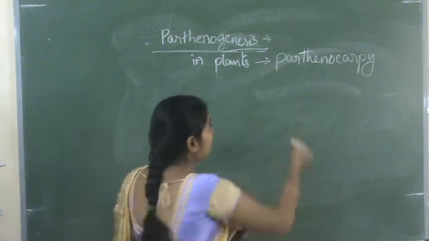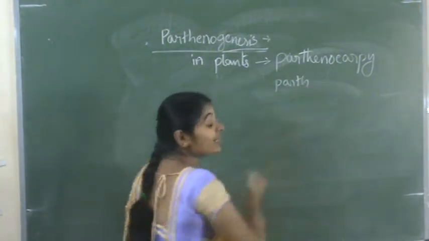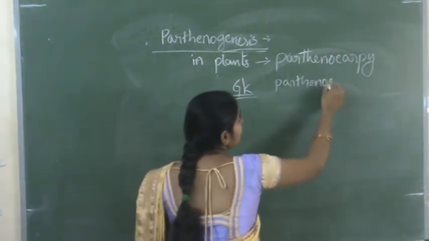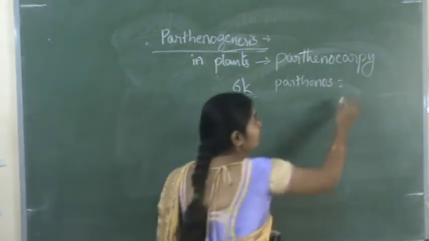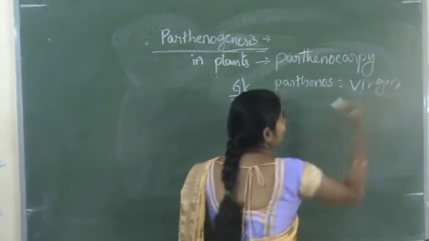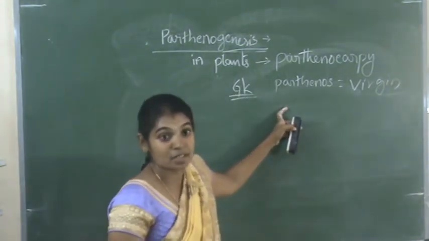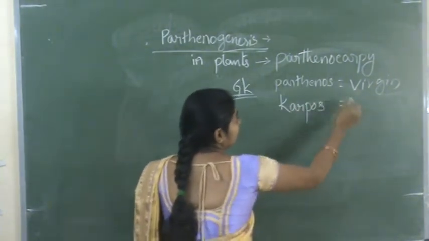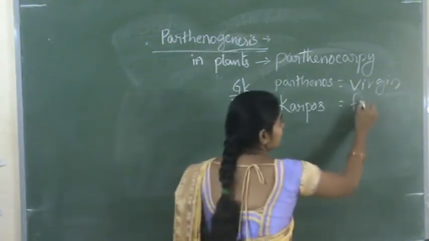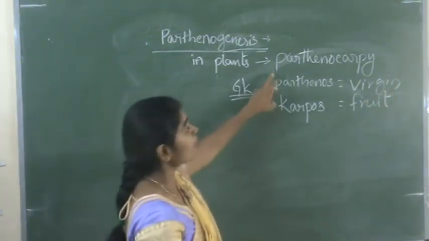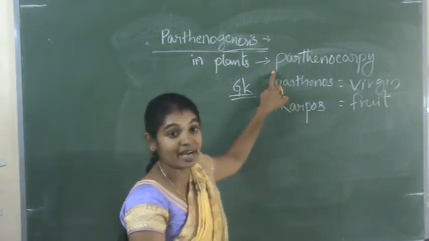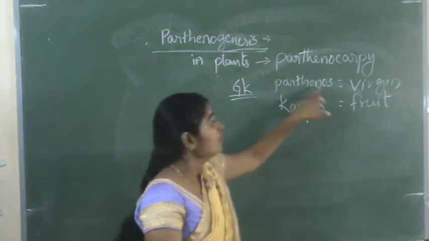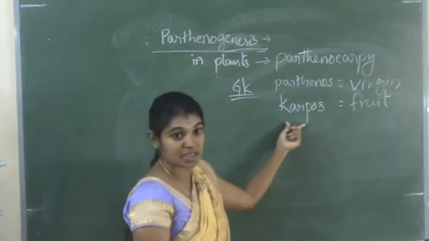Parthenocarpy is derived from two Greek words. Parthenos means virgin, and carpus means fruit.